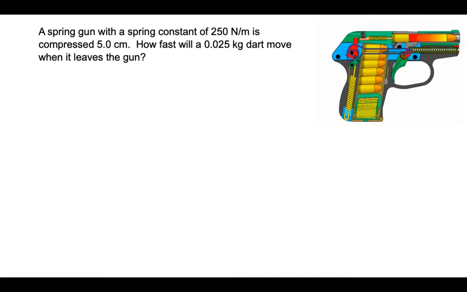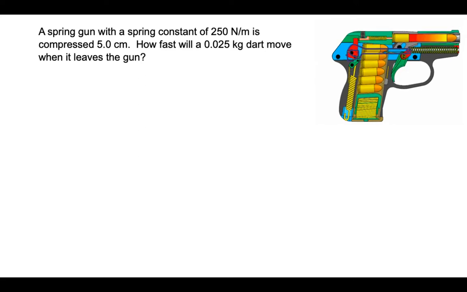After the spring is released, aka the trigger is released, what kind of energy does the system have? Kinetic energy, right? All of the elastic potential energy in the spring gun is converted to kinetic energy.